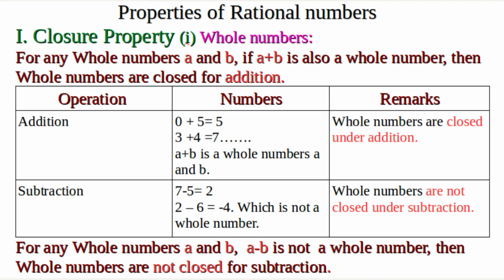Similarly, 10 minus 6, that is 4, but 6 minus 10, minus 4. So, when we are doing subtraction, sometimes we will get a negative number. So, whole numbers are not closed under subtraction.